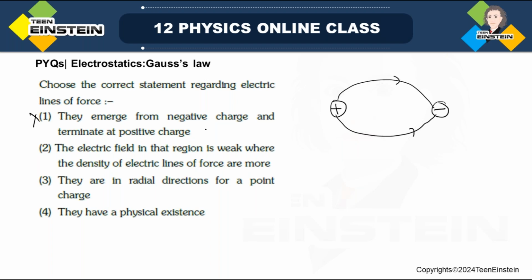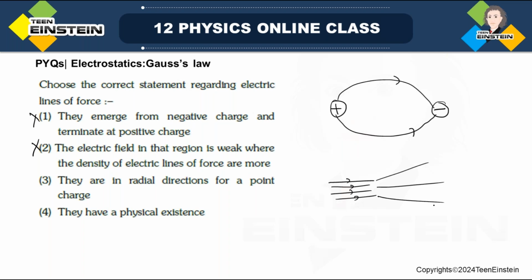The next says the electric field in that region is weak where the density of the field lines of force is more. No, this is just the opposite. If you have field lines like this, at some places the density of the field lines is more than at other places.